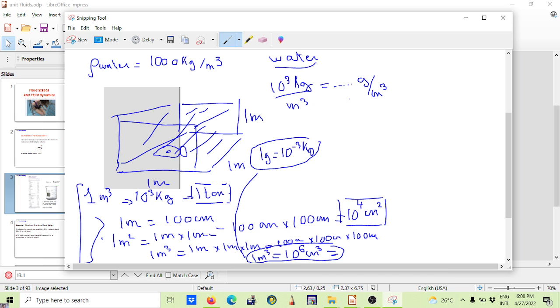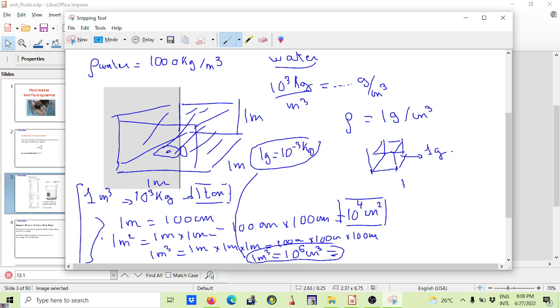But if you do that, you're going to find that the density of water is also 1 gram per cubic centimeter. And if I do it on scale, 1 centimeter is about this, right? That's 1 centimeter. This is not 1 meter. 1 meter is 100 centimeters, but this is 1 centimeter. So if I take that much water, 1 centimeter by 1 centimeter by 1 centimeter, that's going to be 1 gram.